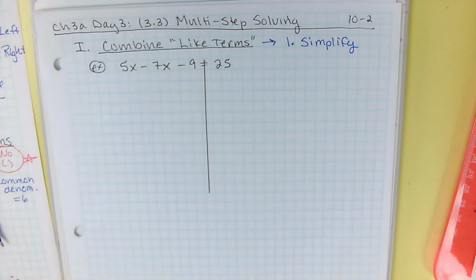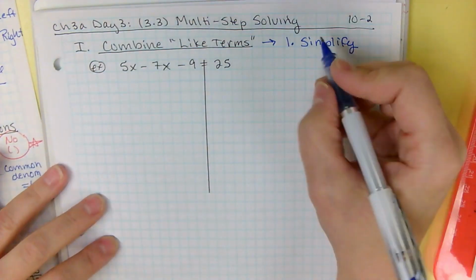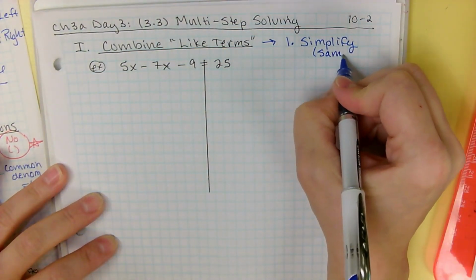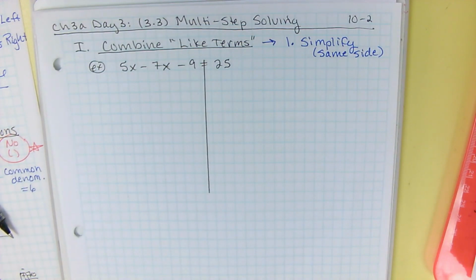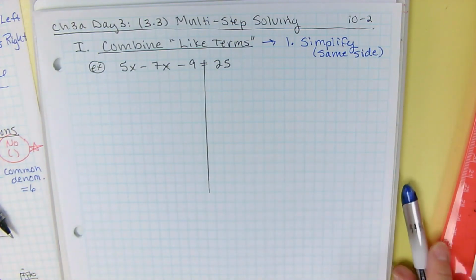So if you are combining like terms, you are simplifying, and generally simplifying is stuff that you do on the same side. So something you do on the left and then maybe something else you do on the right. It's not moving things back and forth.